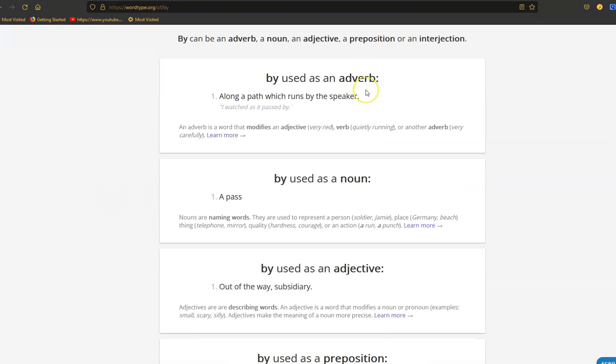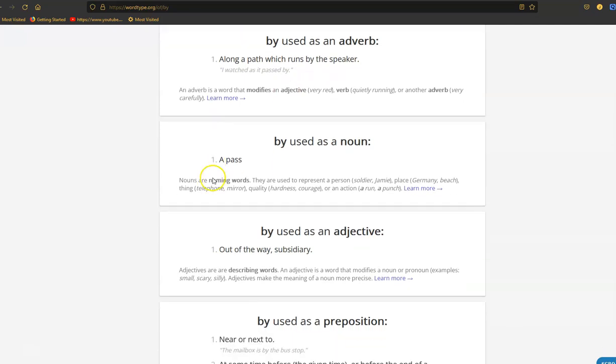For instance, when they say it can be an adverb, they say along a path which runs by the speaker. They used it literally in the definition, "by the speaker." So they give an example: "I watched as it passed by." It's being used in the same way that it would be to anything else. It's being used as a preposition. They call it an adverb. It's a preposition. It means near to the person describing it.